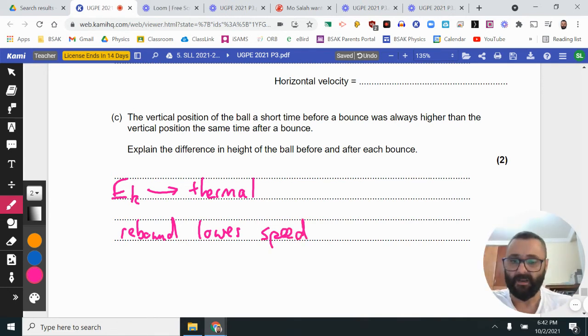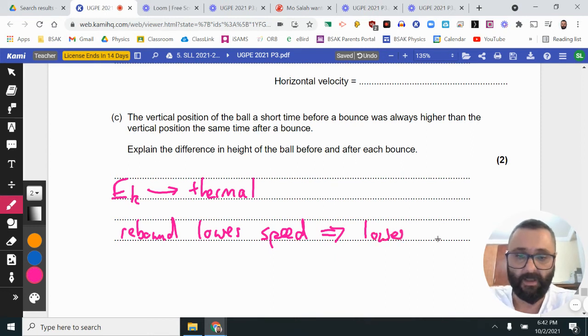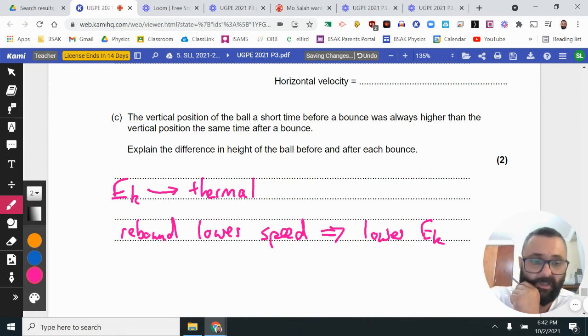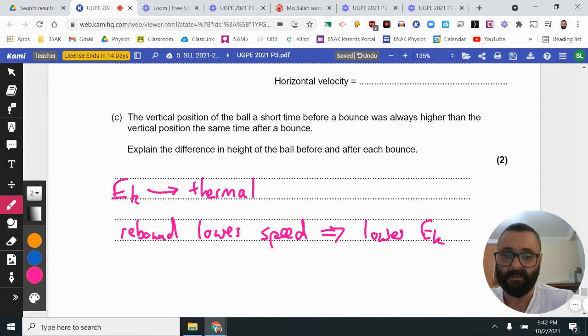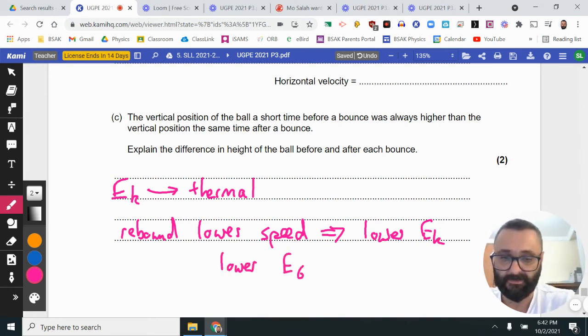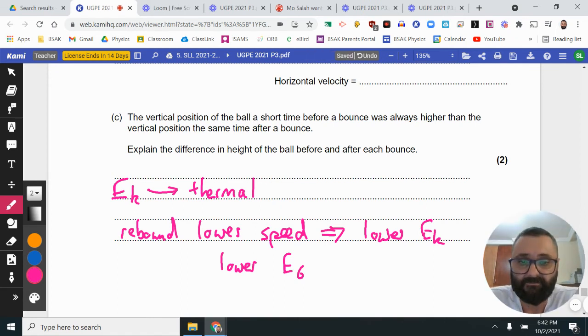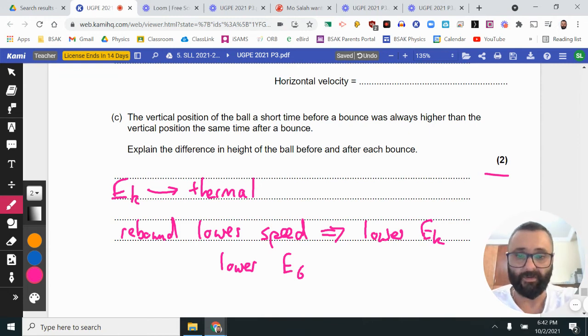If it rebounds with a lower speed, it's rebounding with a lower amount of kinetic energy. And if it's got a lower amount of kinetic energy to start with on the way up, it's going to gain a lower amount of gravitational potential energy and reach a lower height. So there you go, 2 marks there. Just saying energy loss to the surroundings would not be sufficient.